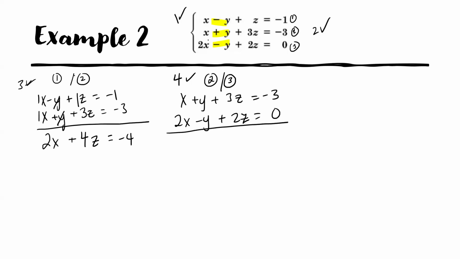We're going to combine them. 1x plus 2x equals 3x. Our y's are doing what they're supposed to, and they are eliminated. We then have 3z plus 2z, which makes 5z. And we get -3 plus 0 makes -3.